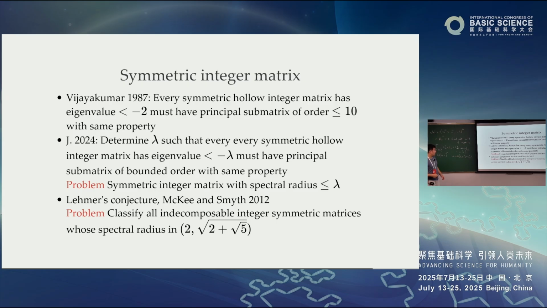So there's a threshold phenomenon. A related problem would be to ask the same question for symmetric integer matrices with spectral radius at most lambda. And in connection with Lehmer's conjecture, which is a famous conjecture in number theory that says the Mahler measure of any integer coefficient polynomial is either 1 or bounded away from 1, McKee and Smith had a really nice result that resolves part of the conjecture by thinking about certain polynomials.